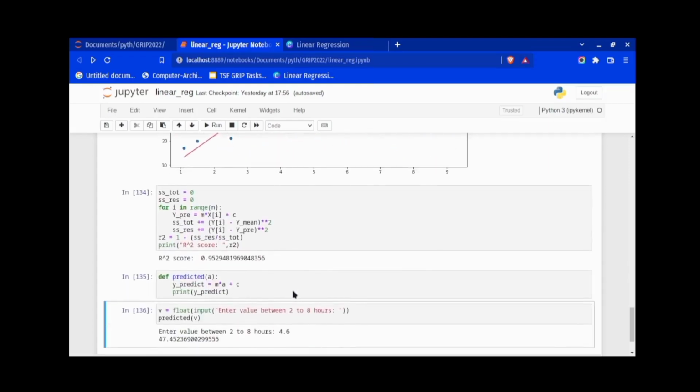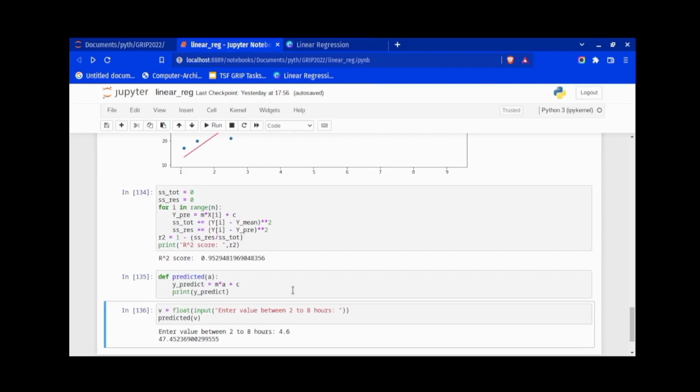To find the efficiency of the given model, the R square score is calculated. I store SS total and SS residual as 0, and then iterate using a for loop, where SS total is equal to (yi minus y bar) the whole square, and SS residual is equal to (yi minus y prediction) the whole square.